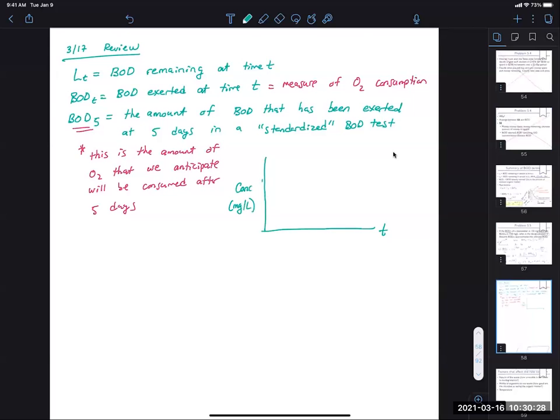We have L of T that looks like this. Now, there's some initial value at time 0, and this corresponds to the ultimate BOD.